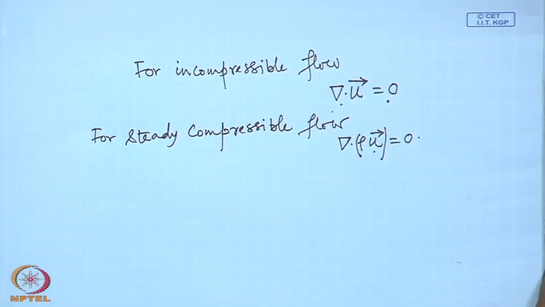Now, let us assume another simplification, that the flow is steady. Let us further assume that the flow is two dimensional, then this divergence is basically the sum of two derivatives.